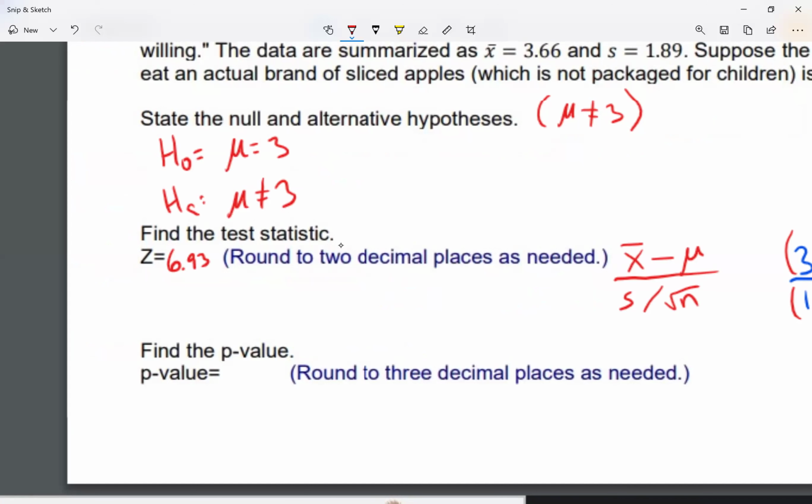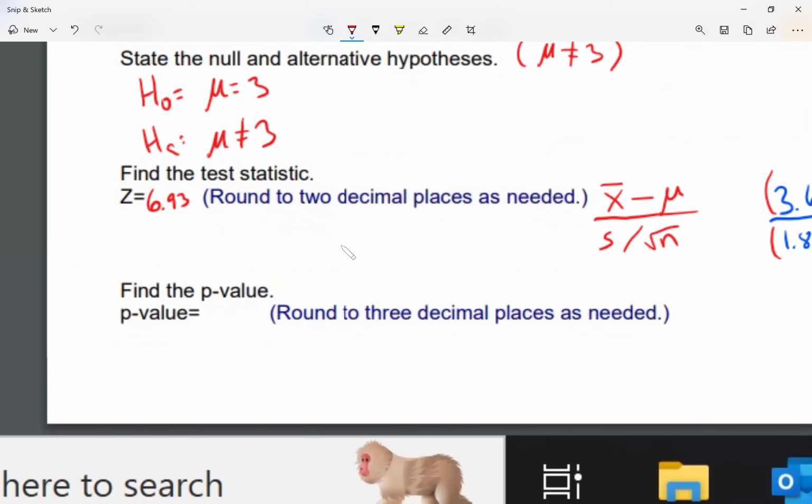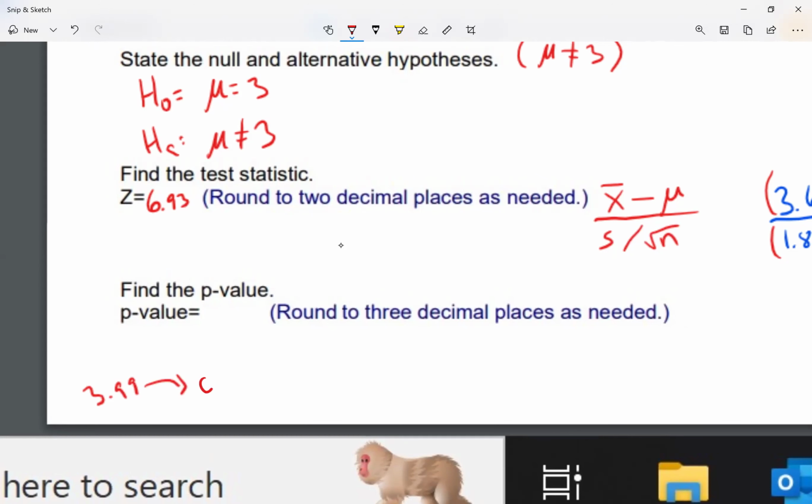But looking at my table, I notice it doesn't go to 6.93. It actually stops at 3.99. Right? 3.99, that's the highest. 6.93, it's not even on my table. Now, why is that? Because the table, the z-score value that it was giving us, notice how 3.99 pretty much approaches 0.5.